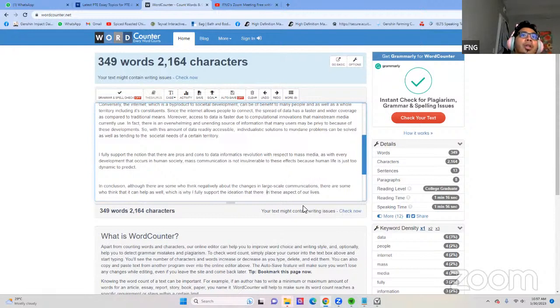Which is why I fully support both of these ideations.